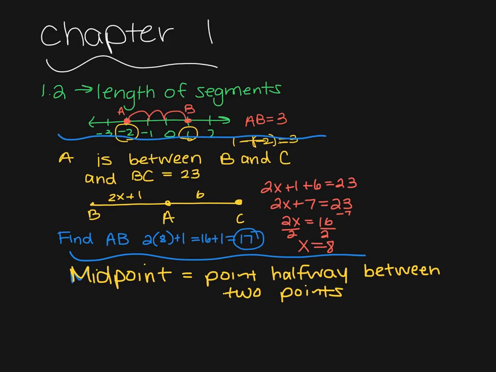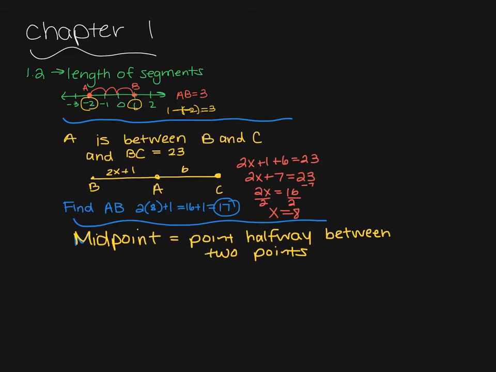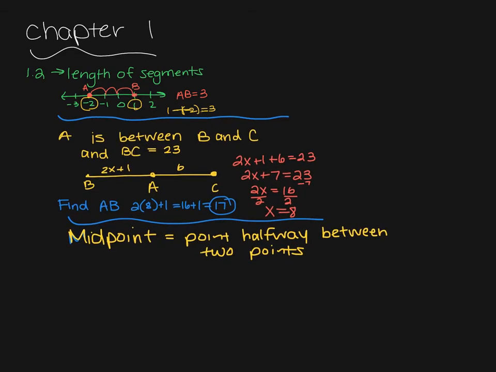So if I had used the same example from before, but instead of saying that A was between B and C, I said something like A is the midpoint of BC, and I gave the same segment.